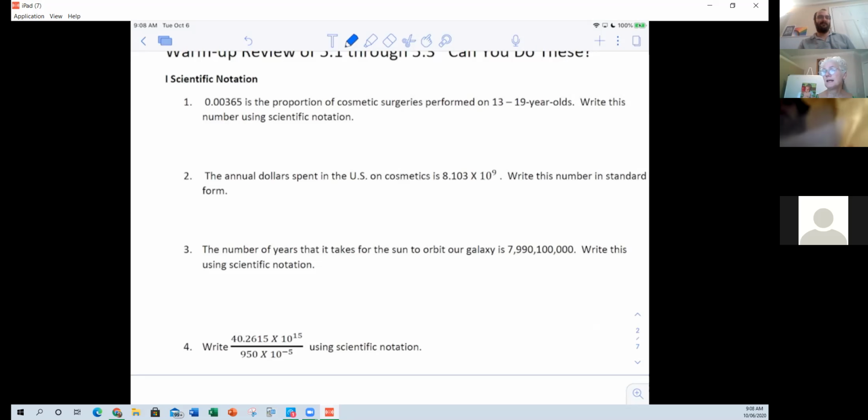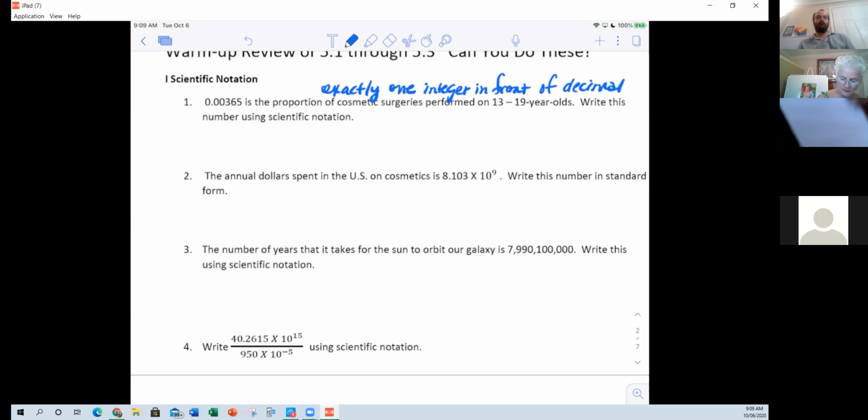No. Okay, so to be in scientific notation, remember that you have to have exactly 1 integer in front of the decimal. So in this case, we have 0.00365. To get this into scientific notation, we have to move the decimal point 1, 2, 3 places to the right.